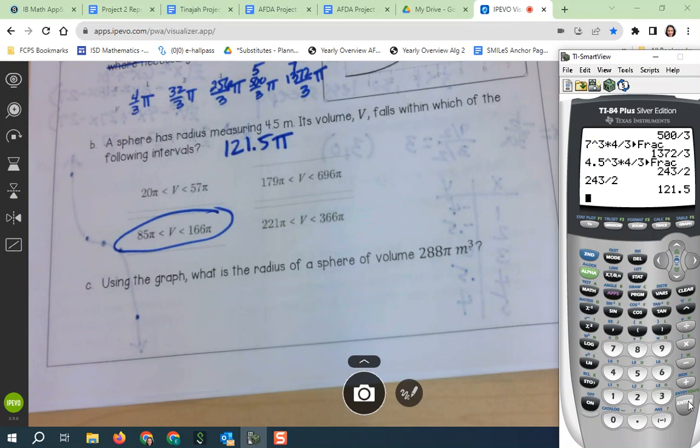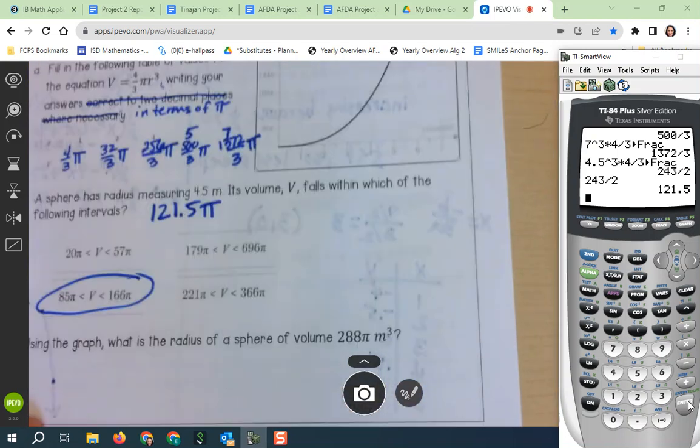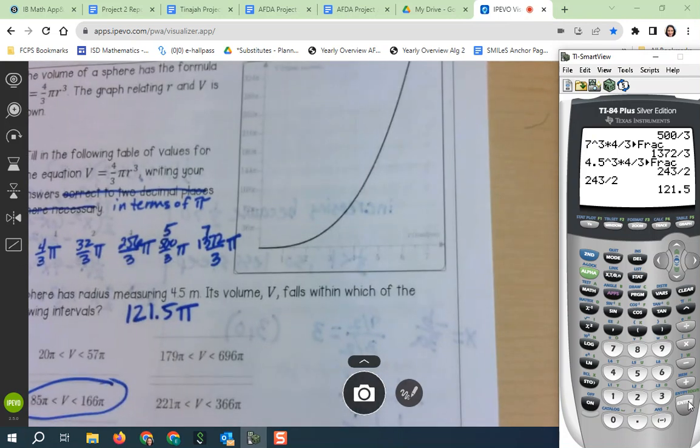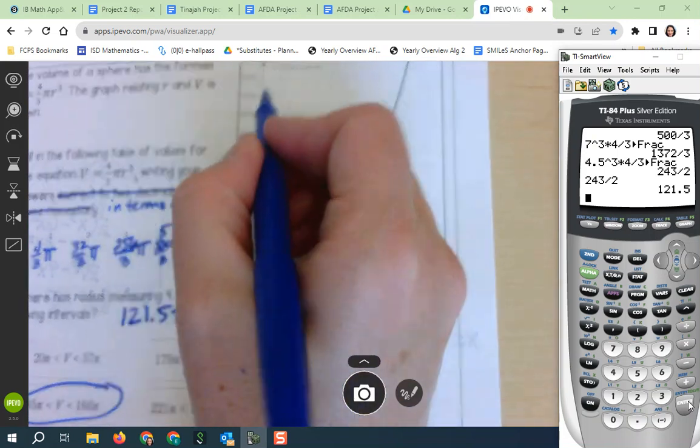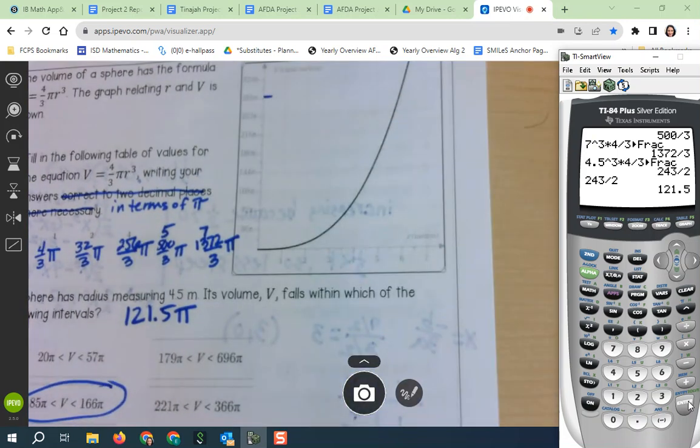All right, it says to use the graph to find the radius of the sphere, but I don't find the graph to be that helpful. Well, maybe it is. Let's look at it together and see if I can see it better on my screen. It says 288 pi. Oh, there it is. Okay, it's not that bad, is it? This is it right here, right? Can you guys confirm I'm looking at the right thing?